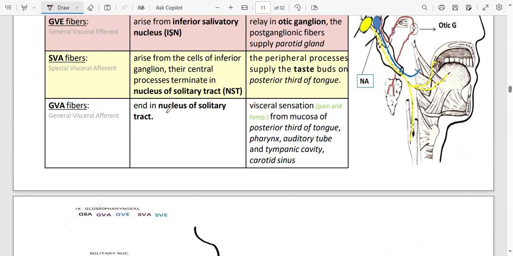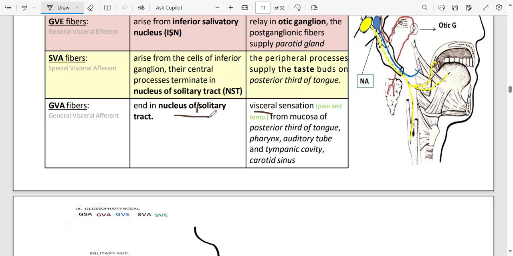But those that end in the nucleus of solitary tract or tractus solitarius, these are the ones now that will go down to the visceral sensation to pick up pain and temperature from the mucosa of the posterior third of the tongue, pharynx, auditory tube, and tympanic cavity. Okay, so take note.